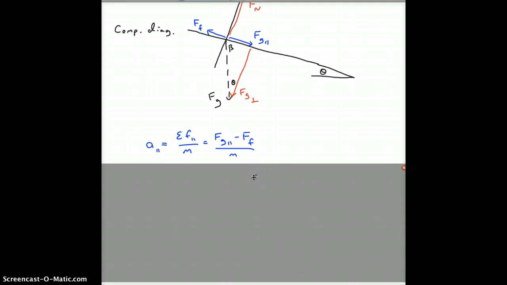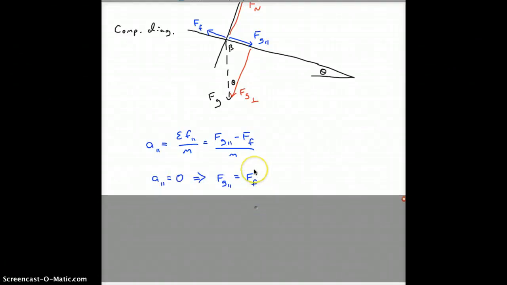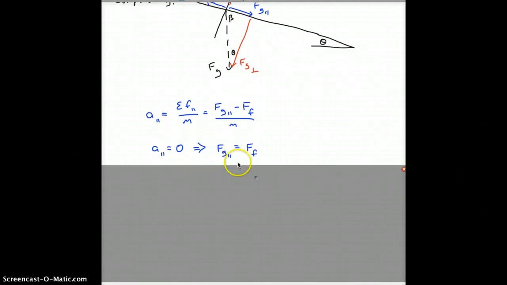What is the parallel acceleration? Well, in the critical case where we're just overcoming static friction, it's 0. We've overcome friction so barely that we can approximate it that we've overcome it by 0. So the parallel component of gravity equals the force of friction in this case. If you were to write this as your first line, that would be fine. You'd be making reference to Newton's first law.